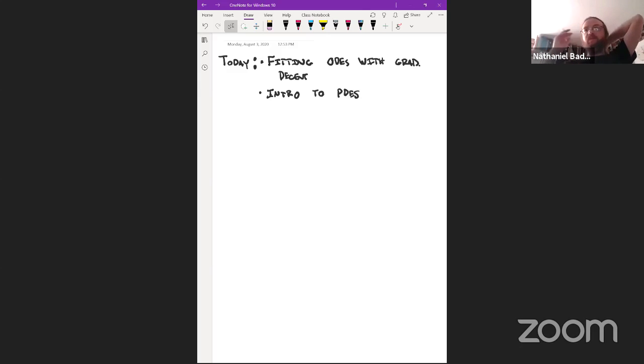Yeah, so this will be a little bit of review, because most people do this in calculus. It's just you don't use it. The big difference with doing gradient descent for ODEs and PDEs, and this is the thing that you have to keep in mind, is that we don't have an explicit definition for the function.